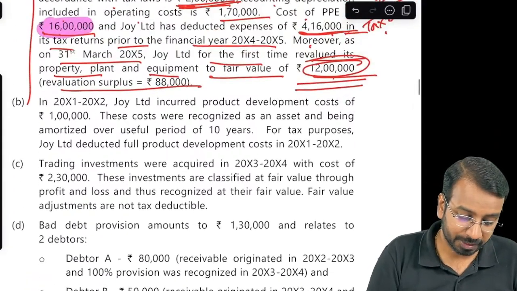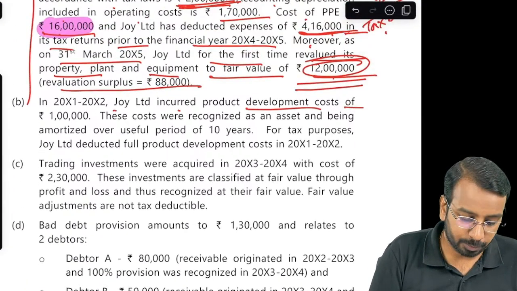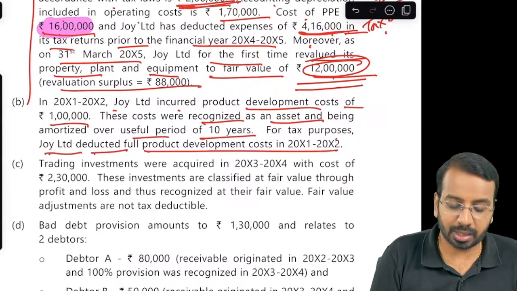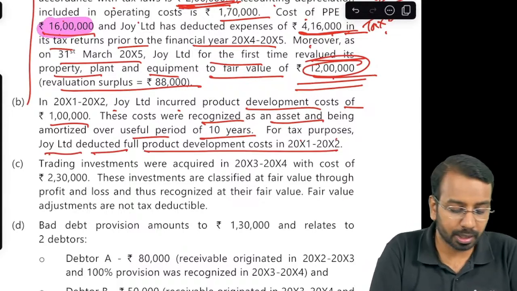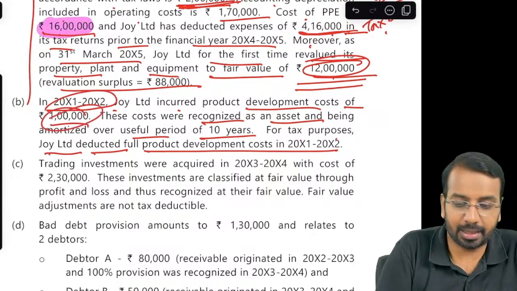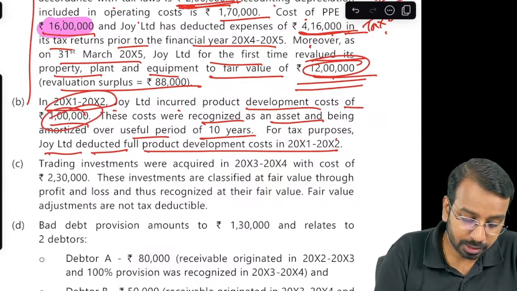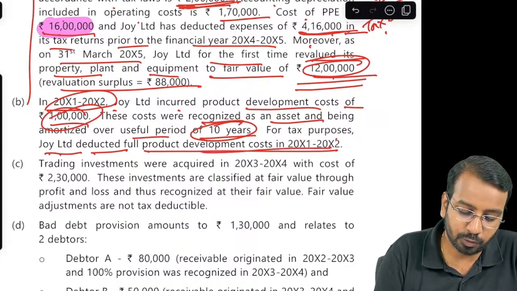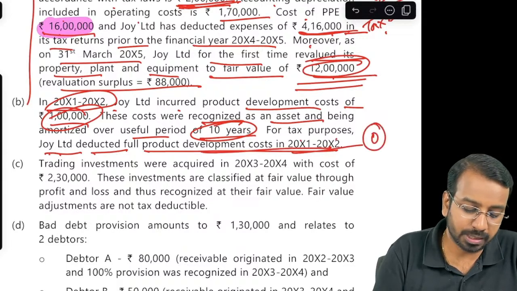Then Joy Limited incurred product development cost of 1 lakh. These costs were recognized as an asset being amortized over a useful life of 10 years. For tax purposes, Joy Limited deducted the full product development cost in year 1, year 2. Means what? In year 1, year 2, we incurred 1 lakh. It has a useful life of 10 years. For tax purposes, it is fully written off in year 1, year 2, so the tax base is 0.